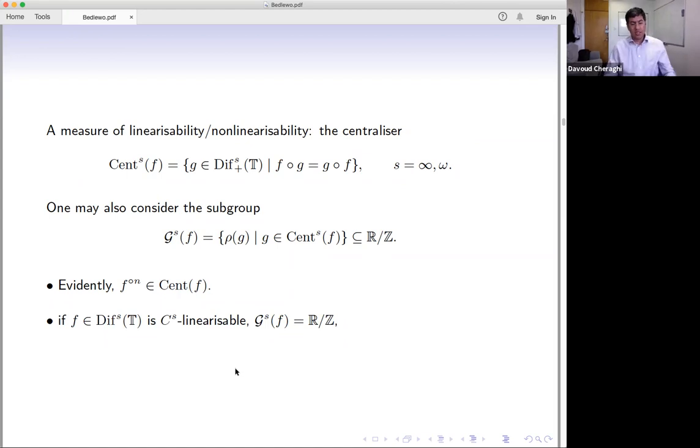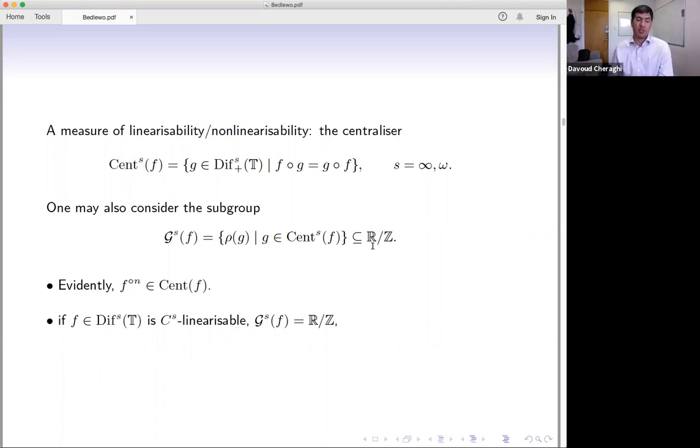So the question is, what kind of sets can you get in this form? We see in this example that G is the full group. And in this case, the rotation numbers of f to the n's are n times rho, if rho is the rotation number of f. So all the n times rho modulo Z are contained in this set.